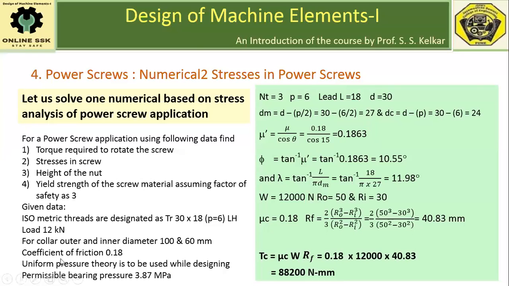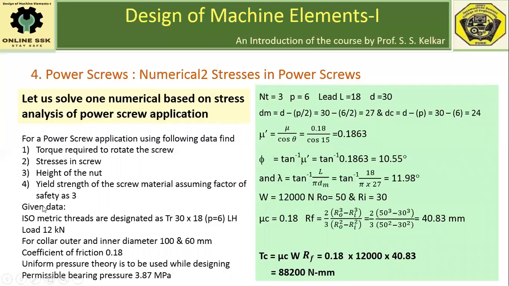Now here they have specified trapezoidal threads, which means we need to use mu dash while calculating phi, the friction angle. The friction angle will be calculated based on mu dash. Mu dash is given by mu upon cos theta, wherein theta is the semi-thread angle. The value of theta is equal to 15 degrees for ISO metric threads, and 14.5 degrees for acme threads.